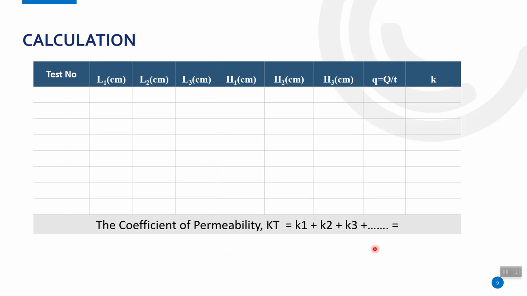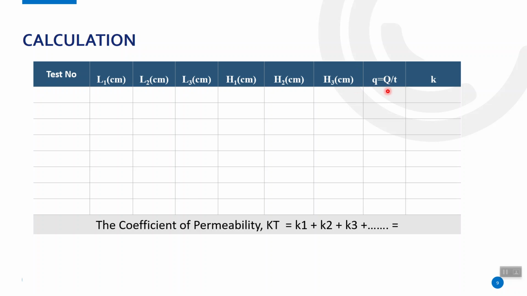Calculation. This table describes the calculation. You should make at least three tests. You can do it many times, but you must take at least three tests. L1, L2, and L3 are all the same because the mold is a simple cube. H1, H2, and H3 you can get from the water level difference measured during the test.